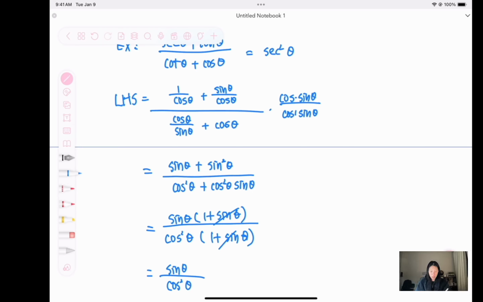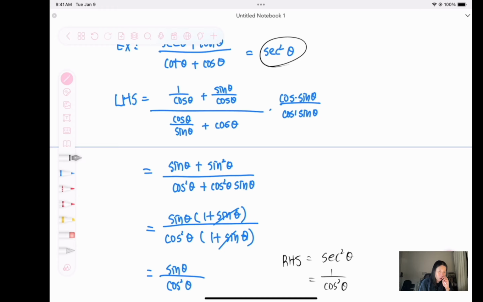Now, what we're trying to get, the right-hand side, is secant squared, which is 1 over cosine squared. Well, it seems like the left-hand side doesn't really equal the right-hand side.